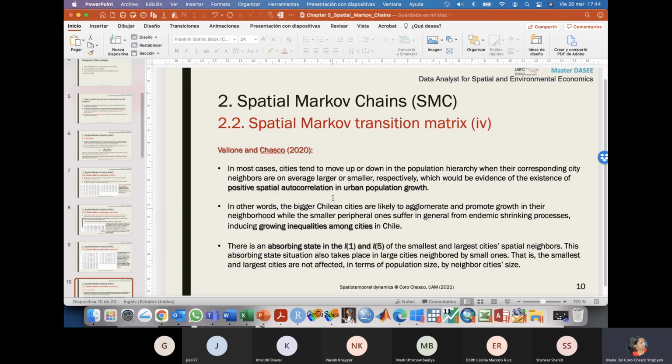So high with high, low with low. And this is positive spatial autocorrelation. So in terms of urban economics, what we have here is that bigger Chilean cities are likely to agglomerate and to promote growth in their neighborhood, while the smaller peripheral ones suffer from endemic shrinking processes, inducing growth inequalities.